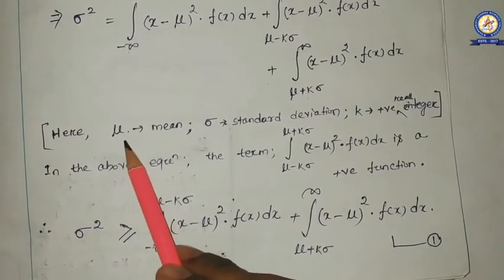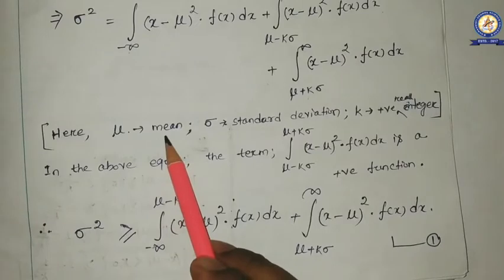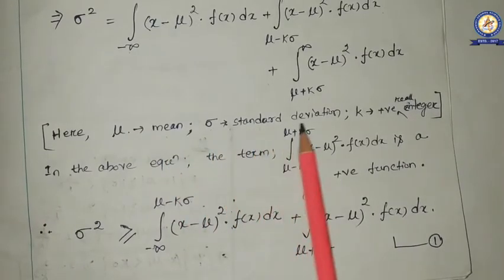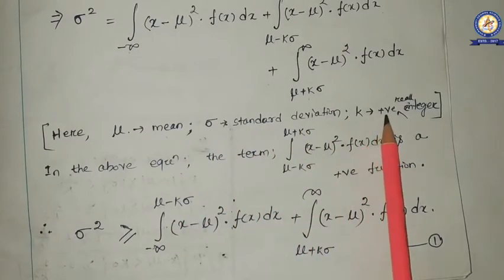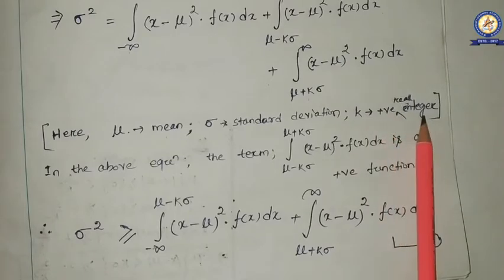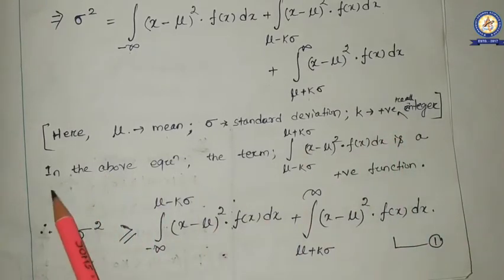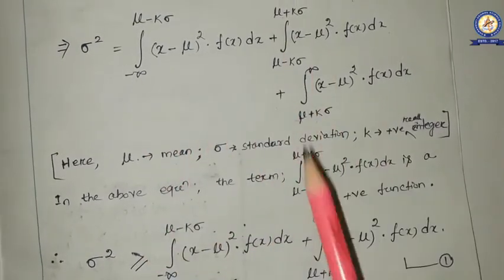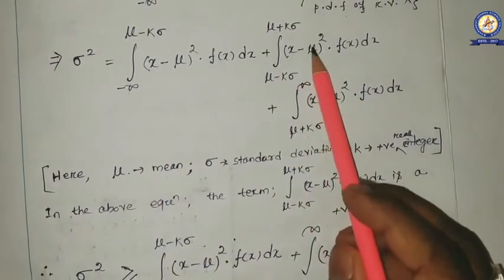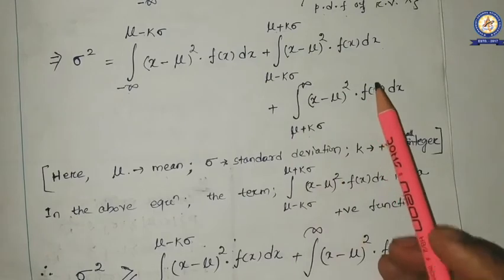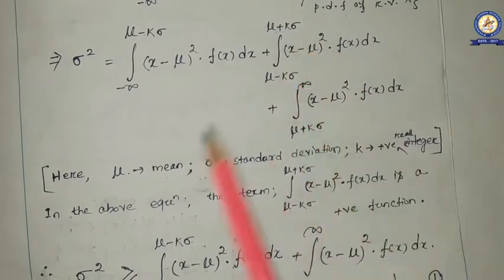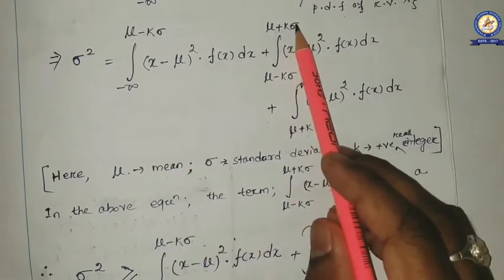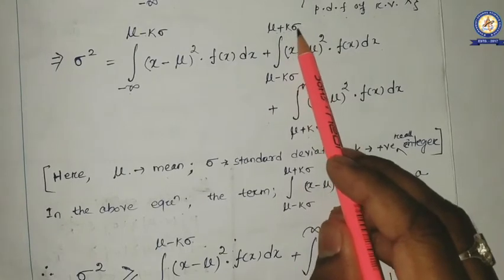Here, as we know, mu is the mean, sigma is the standard deviation, and k is any positive real number. In this equation you can see that k is positive, and sigma also is positive because it comes from the variance.